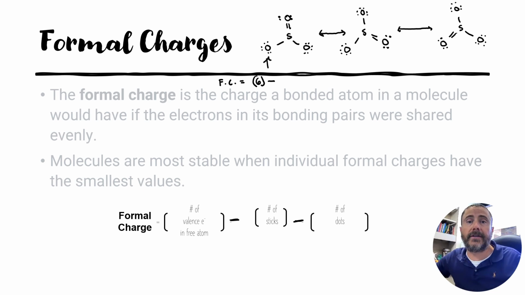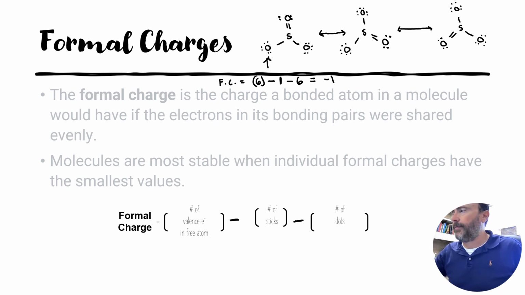Okay, I'm only looking around the oxygen itself, not in the entire molecule. So around the oxygen, there's only one stick, one bond. And then how many dots there are. Around that oxygen, there are 6 dots. So 6 minus 1 minus 6, it has a formal charge of -1.